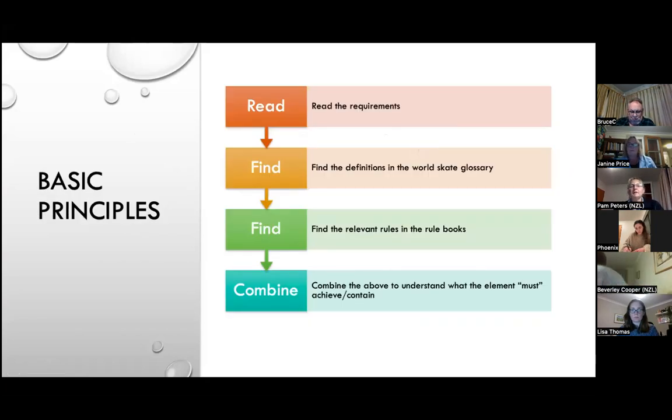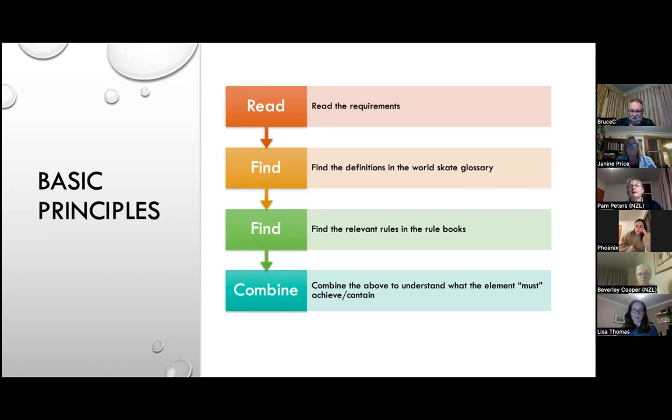Essentially, whenever you come across a new item that you need to learn how to do, or you're a little bit confused about something, or you just want to go back and double check what the requirements are for any technical element, whether it's free skating, dance, precision, quartets, this is my little path of learning.